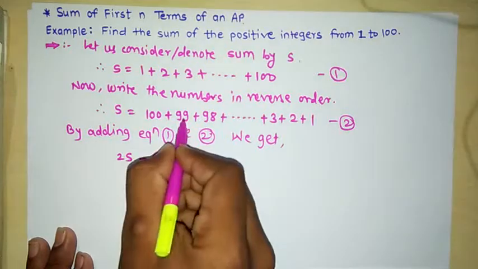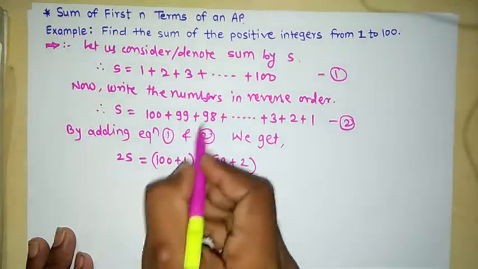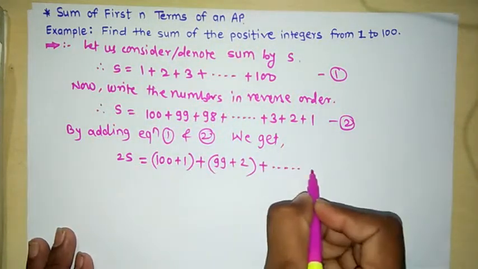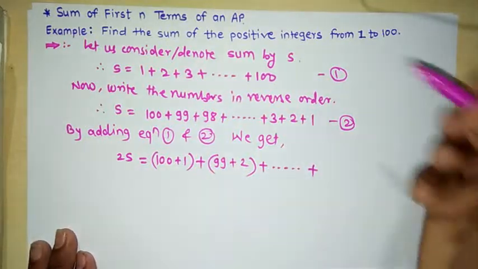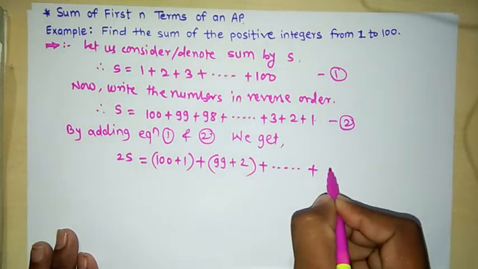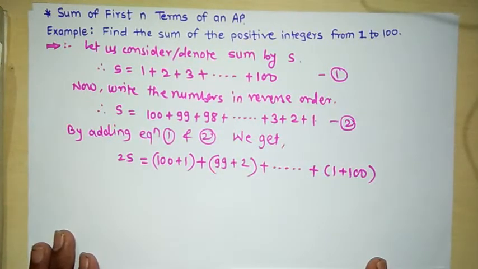Now plus 99 plus 2, the next term will be 99 plus 2. Similarly, we can add 98 plus 3 also. Plus, and so on. Plus, now I will add the last terms, that is 1 plus 100.